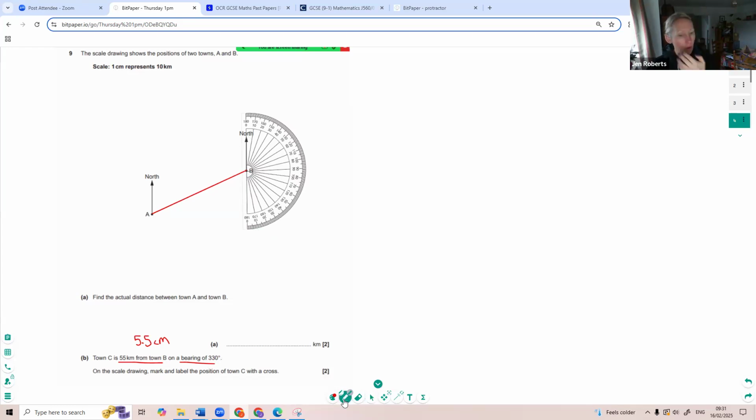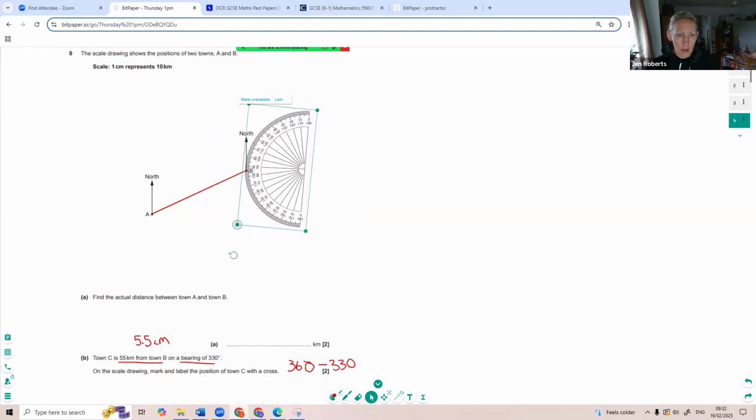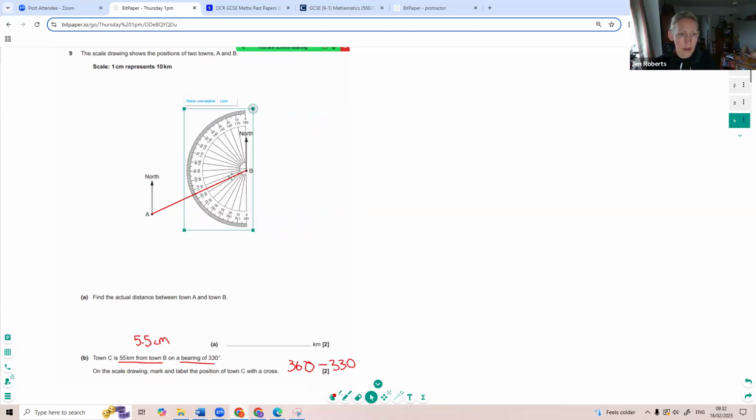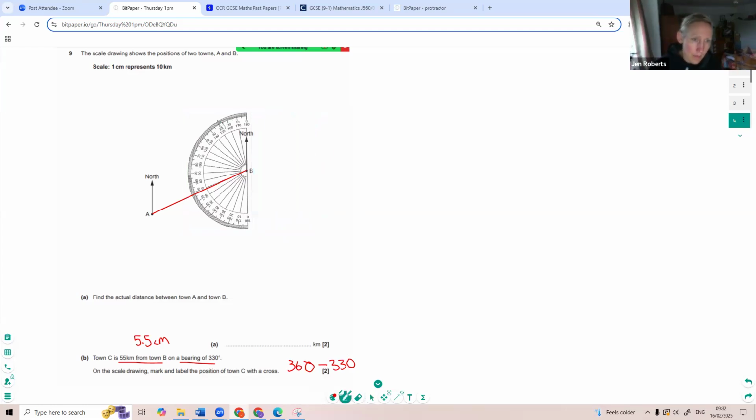You've got 360 degrees, make a full circle. 360 take away 330 is 30. I'm going to measure 30 degrees from the other side. So 30 degrees is here.